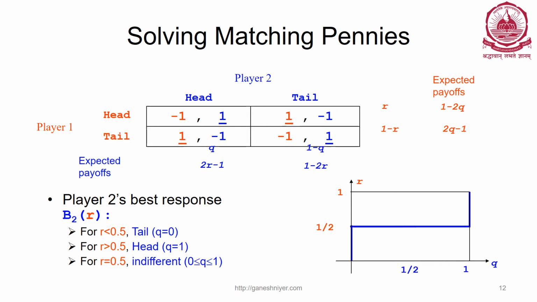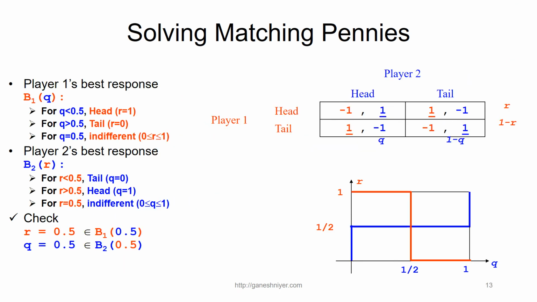The indifferent value. Now let's superimpose both of these, the P and Q. Wherever they meet is actually going to be the mixed strategy equilibrium. So the point where they meet is half comma half, which means P equal to half and Q equal to half and R equal to half is the mixed strategy equilibrium in this particular game.